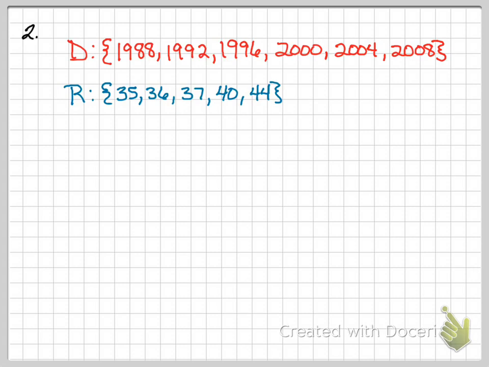Okay? Alright. Now, let's move on to number 3. Number 3 gives us some sets, some mapping diagrams, and we have to determine whether or not the relation is a function. So let's take a look at those.